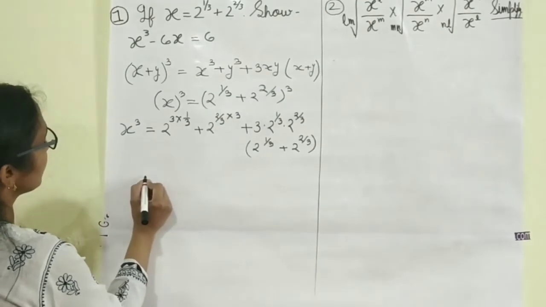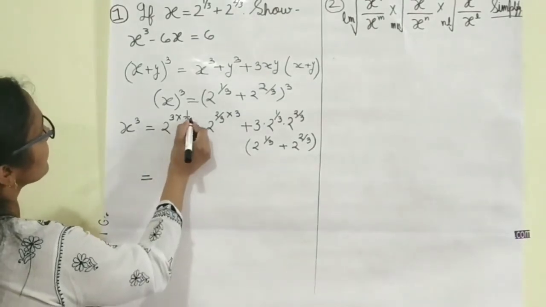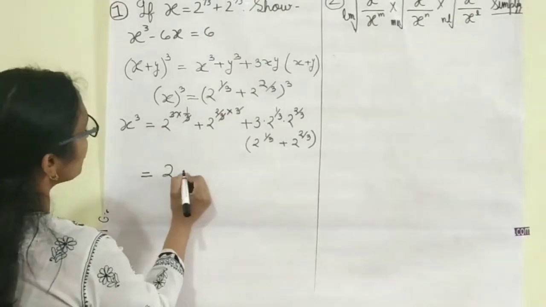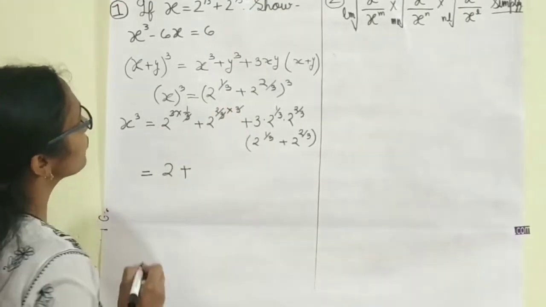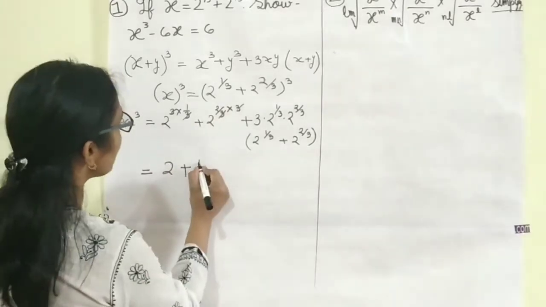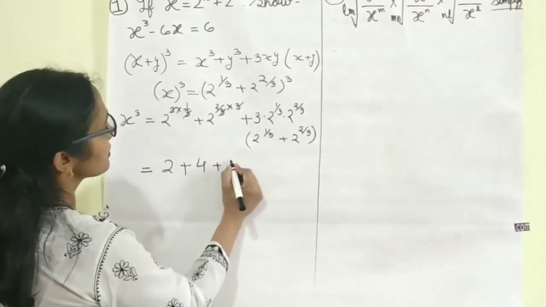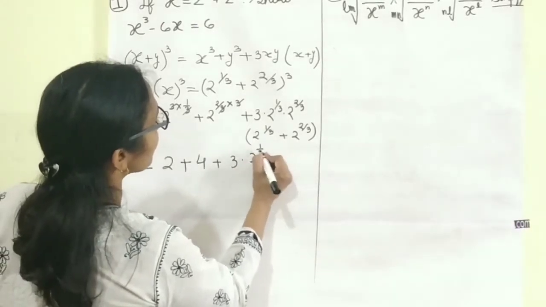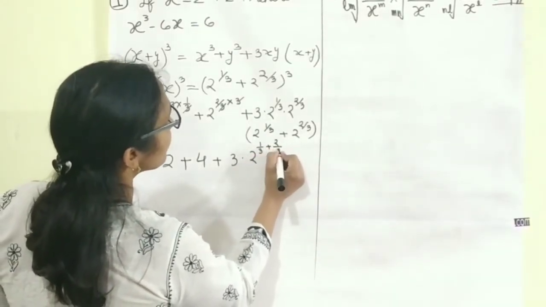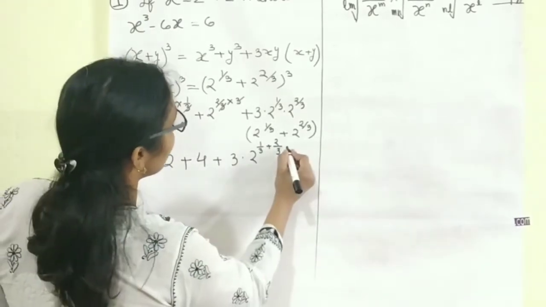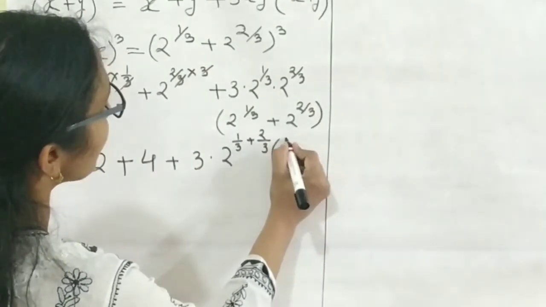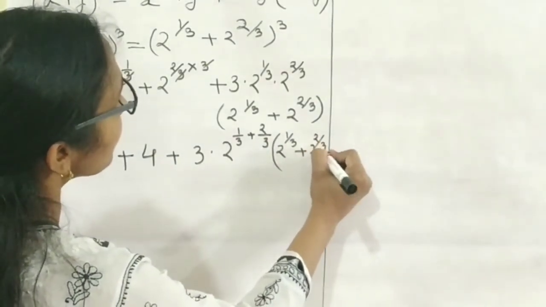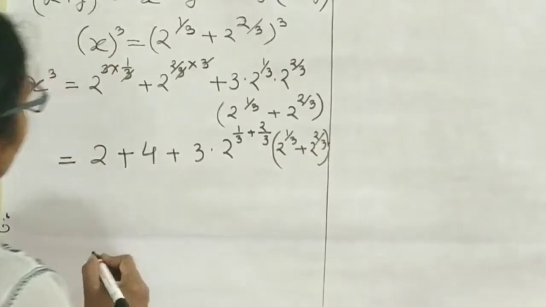So we will cancel these two. So 2 plus 2 to the power 4 is left here. So it will become 2 twos are 4 plus 3 into 2 to the power 1 upon 3 plus 2 to the power 2 upon 3 into 2 to the power 1 upon 3 plus 2 to the power 2 upon 3.